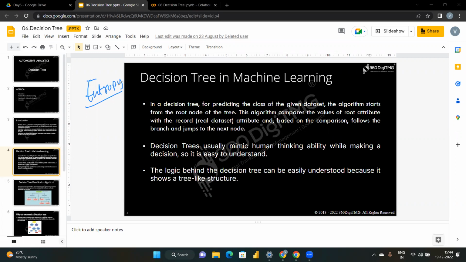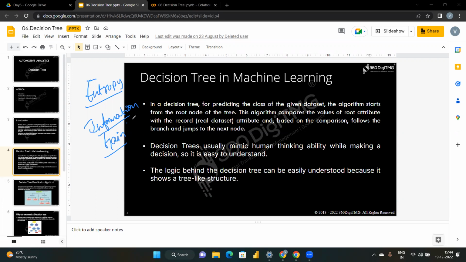Okay. The next thing we will see is IG, guys. Information gain. Information gain or IG is a statistical property that measures how well a given attribute separates the training examples according to their target classification.